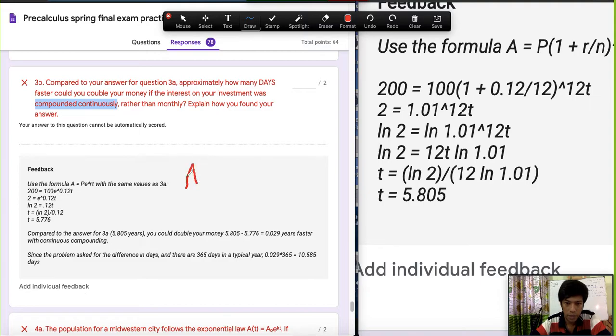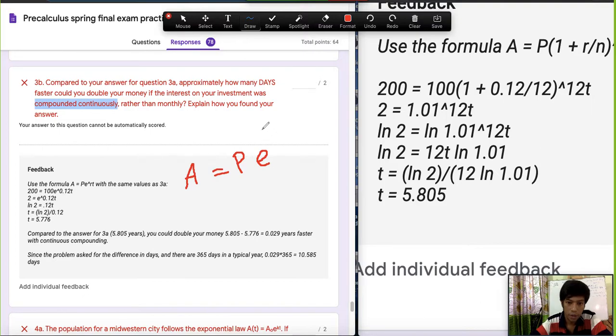If you remember, continuous compound means there will be an e instead of that 1 plus r divided by n and so on. Continuous means e. Continuous growth means e. e will come here.